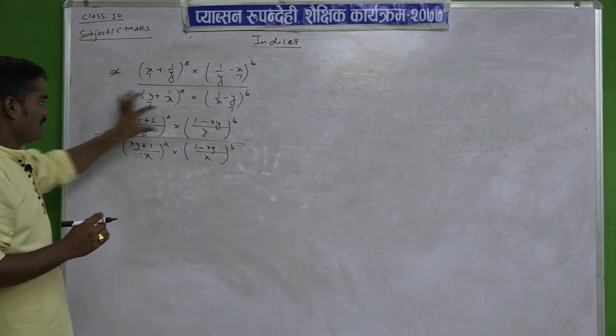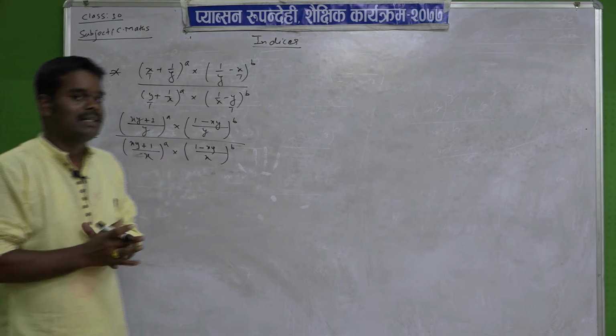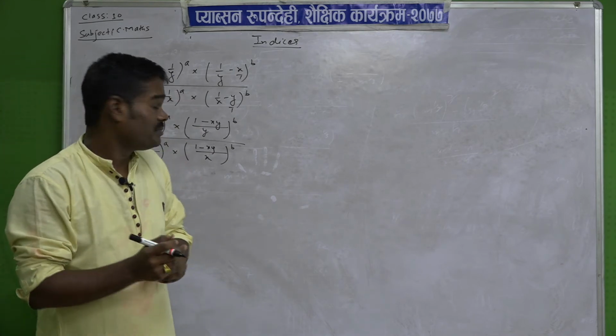Now, they are all in the form of whole power. So, we have to separate the numerator and denominator.